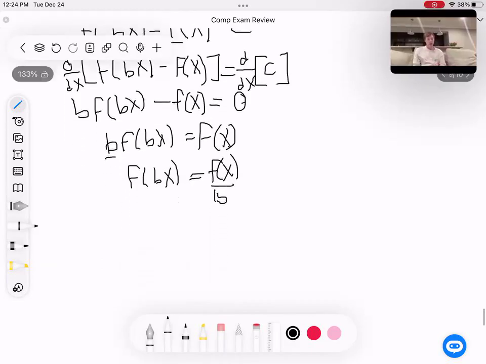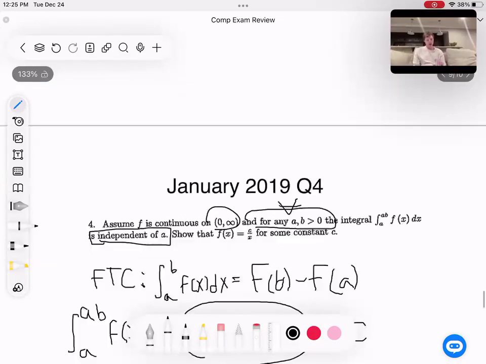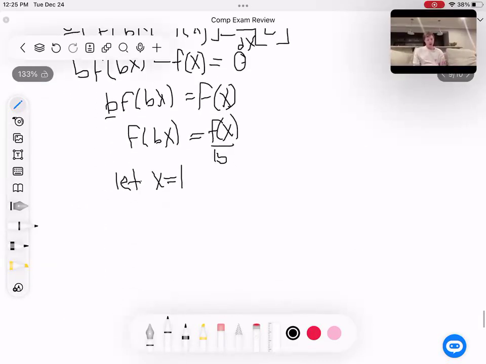So what we're going to do is let x just be equal to 1, because it's true for any positive number, because we know that its domain is at least 0 to infinity. So let's just say f of 1 times b, or just f of b, is going to be equal to f of 1, which we don't know what that is, but that's okay, over b.